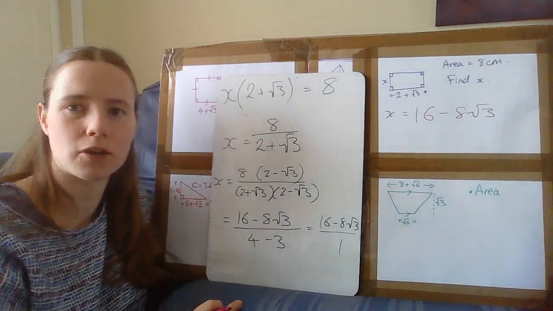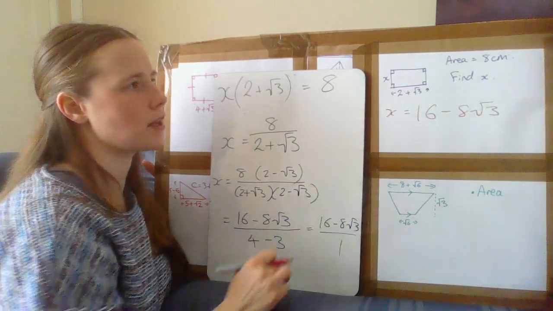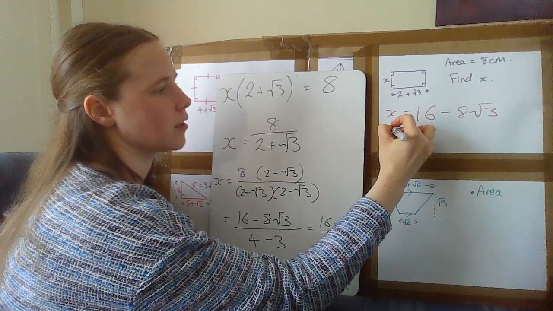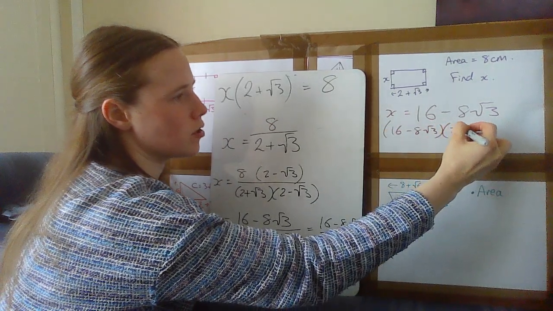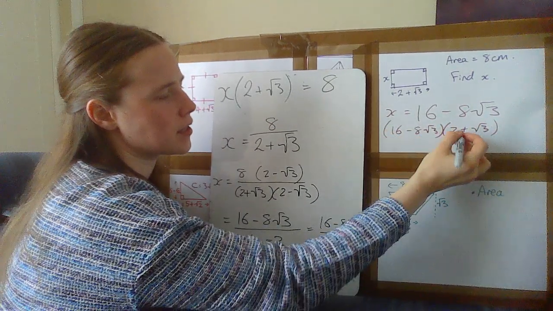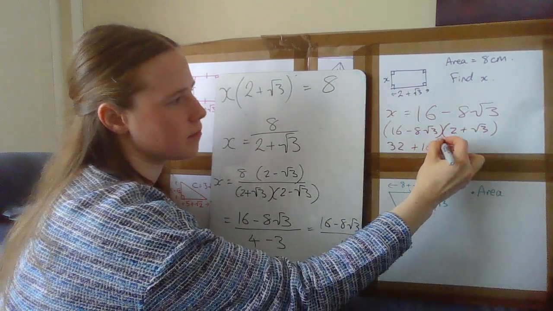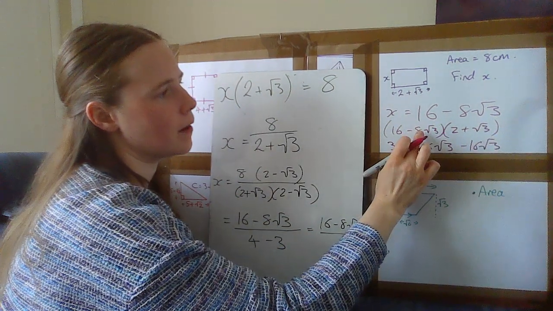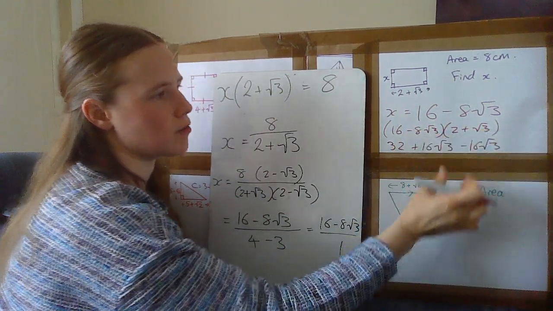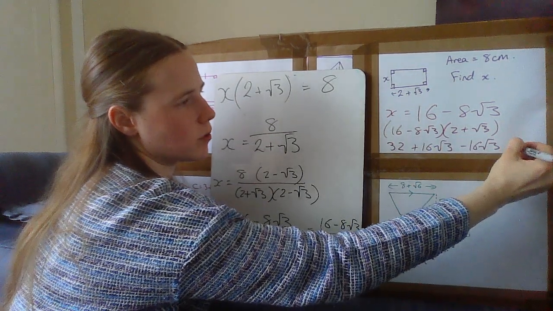And if you wanted to double check your answer at the end, which you probably would in an exam situation, you could do this times this and make sure that you come out with 8. So 16 minus 8 root 3 times 2 plus root 3. 16 times 2 is going to be 32. 16 root 3s minus 16 root 3s, and then minus 8 root 3 times root 3, or minus 8 times 3 is going to be minus 24.